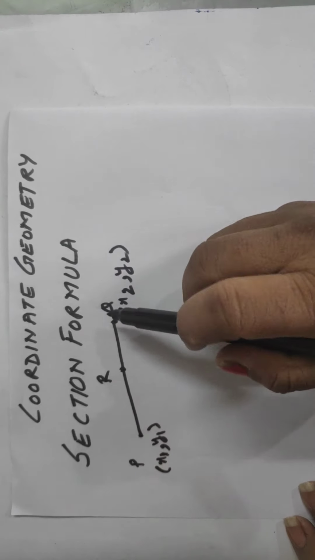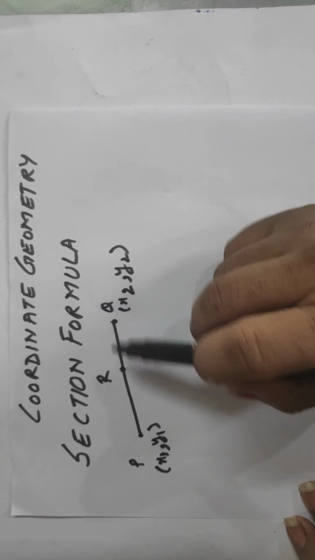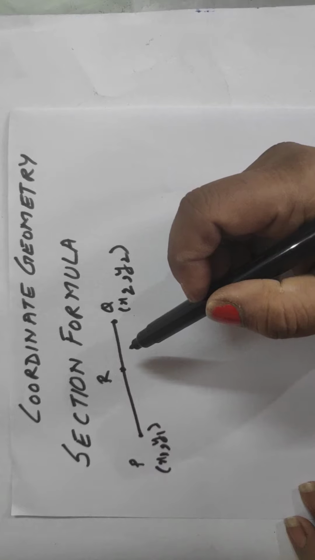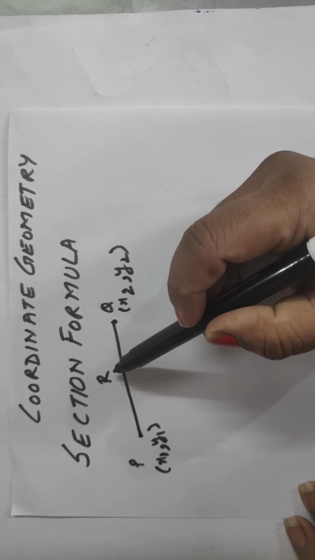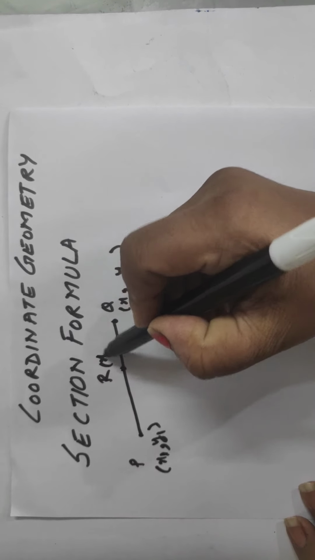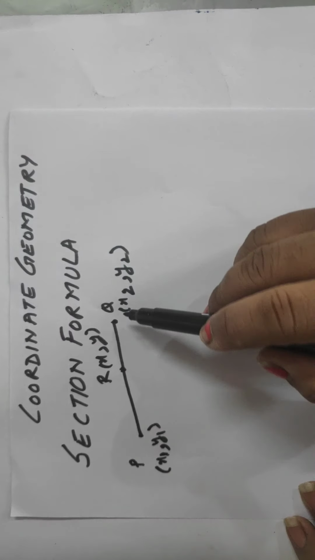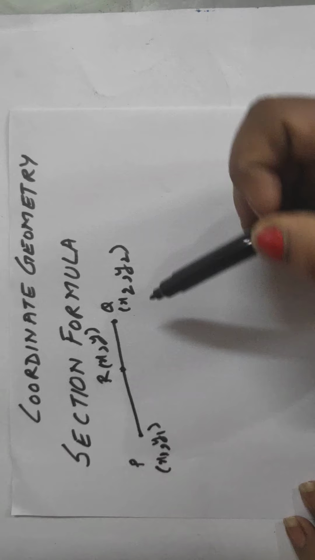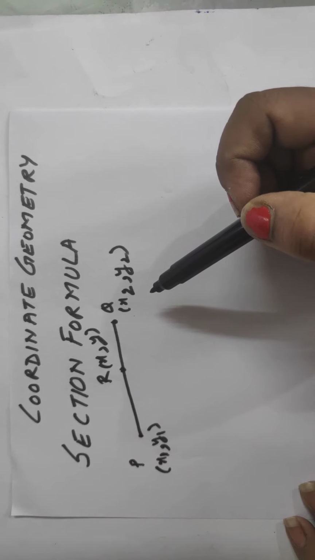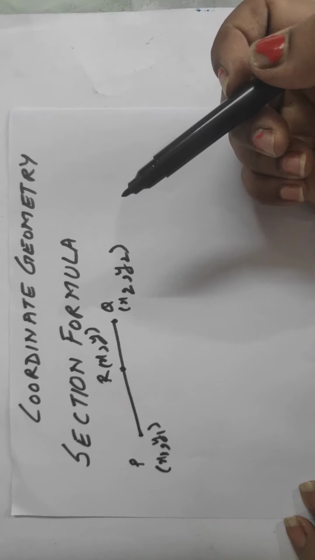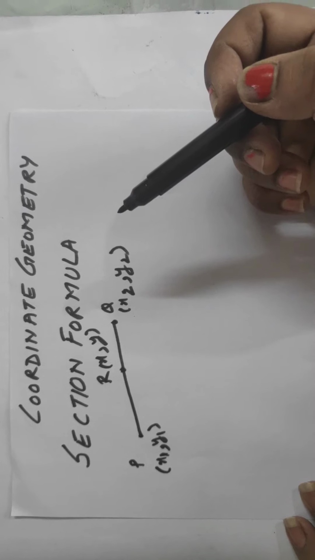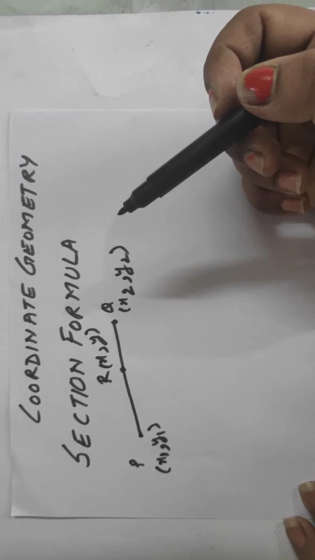We are going to use the section formula to find the ratio in which the point R, having coordinates x, y, divides the segment, if the two points are given to us. So how can we derive the formula, and use it to find the given quantities?